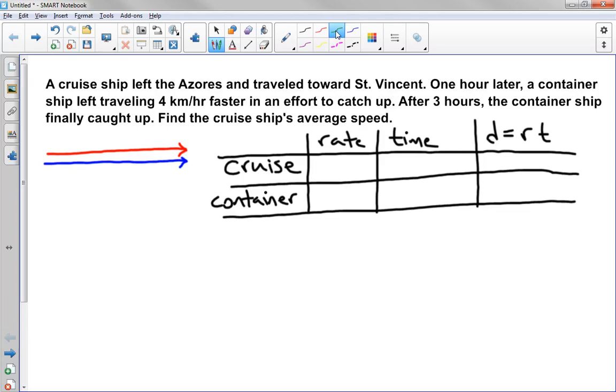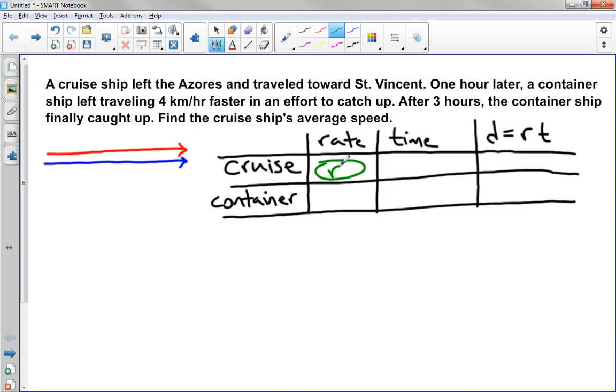So I'm going to put my variable in this box, which I'll circle in green. You can choose whatever letter you like. Sometimes I fall into the habit of calling all of my variables X. I won't do that this time. I'll call this R for rate.